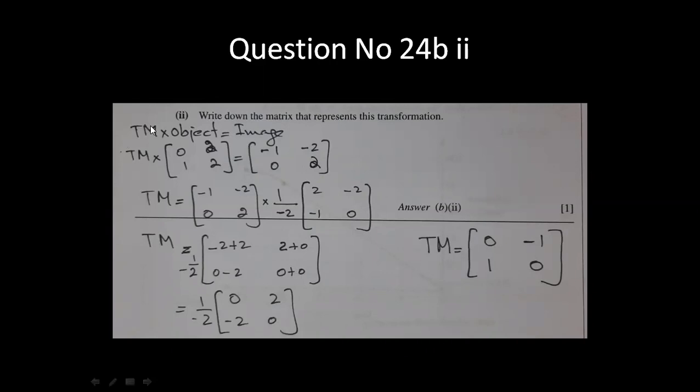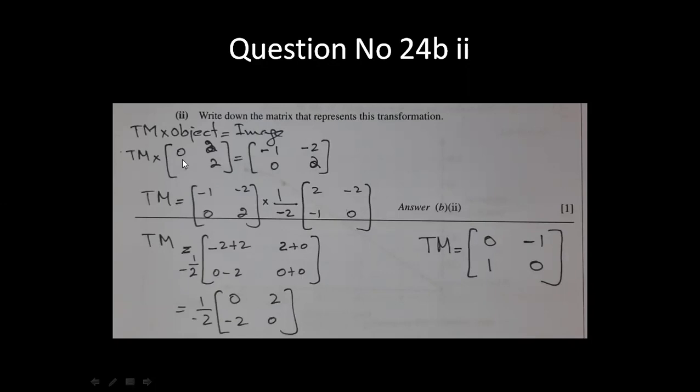So you can see the transformation matrix multiply object is equal to the image. This is the famous equation. From the object, I have taken (0, 1) and its image is (minus 1, 0), and (2, 2) and its image is (minus 2, 2). So I take this matrix to the other side, it will become the inverse of this matrix. The transformation matrix will be equal to the image multiply the inverse of the object.